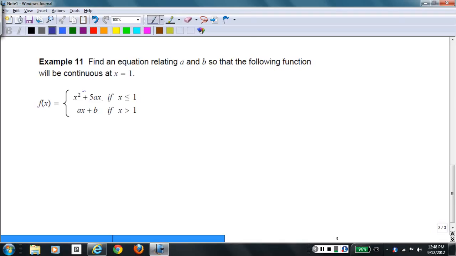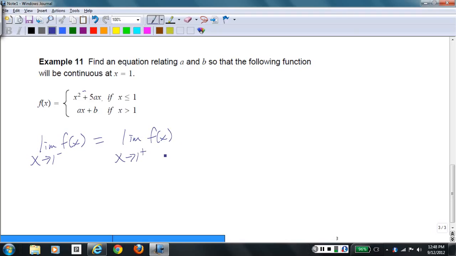Where the two pieces meet, are they going to meet at a common point, or are they going to miss each other? We want to figure out a and b in such a way that they meet rather than missing each other. So what we need is this. We need the limit of f of x as x approaches 1 from the left to equal the limit of f of x as x approaches 1 from the right.